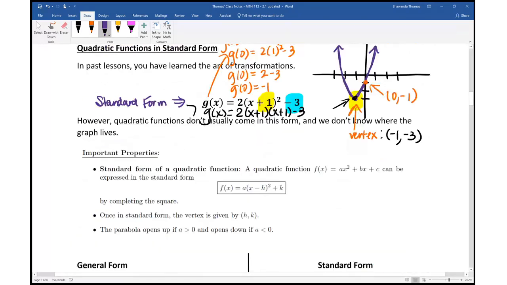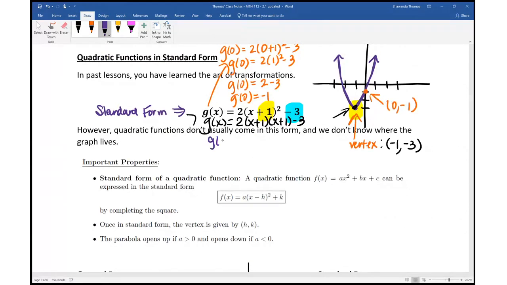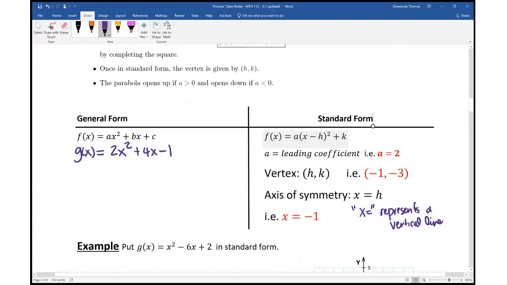That's what I think it was, but let's make sure. So that was 2x squared plus 4x plus 2 minus 3. Yes, so that's minus 1. So I'm going to show you now how to get that into standard form.